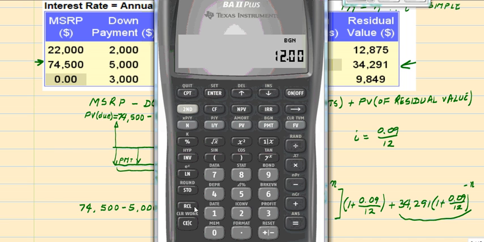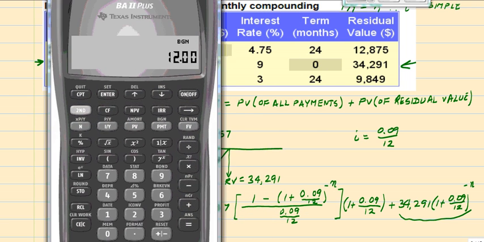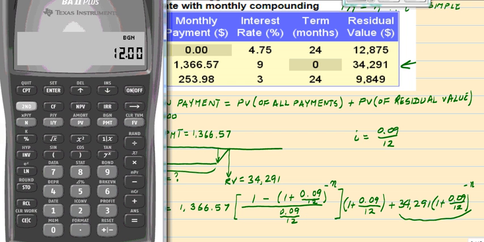Then the next thing is the monthly payment that is given to us, so we enter that as negative, 1,366.57, change sign for payment. And then at the end of the lease we still have to write a check for the residual value of 34,291.